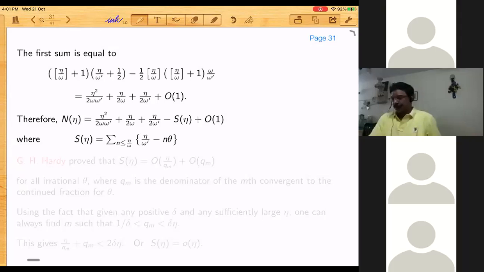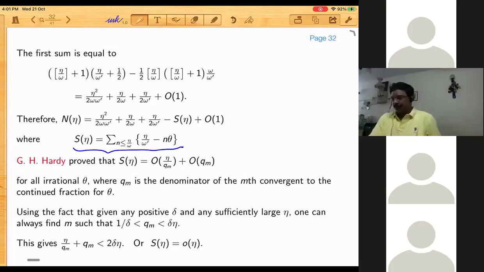Now, as we saw, the estimation of this depends on the nature of theta. So what Hardy did, he looked at the nth convergent of this theta.